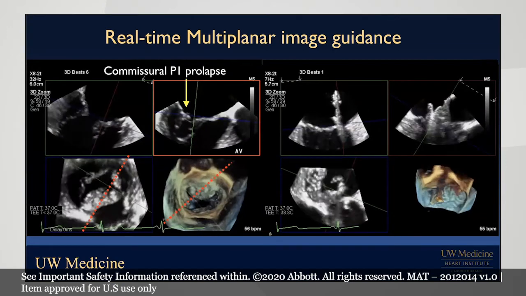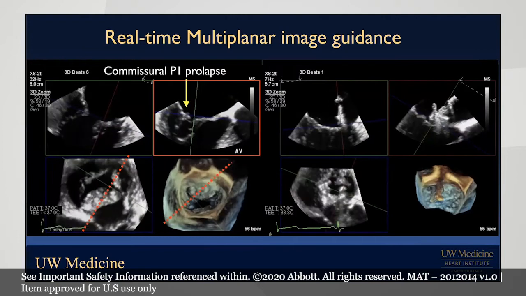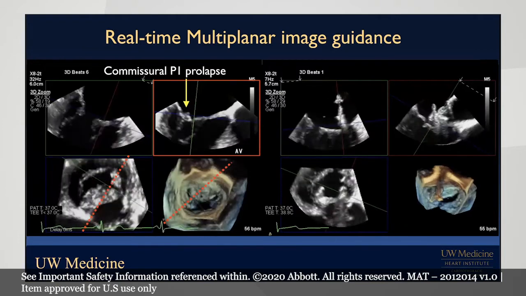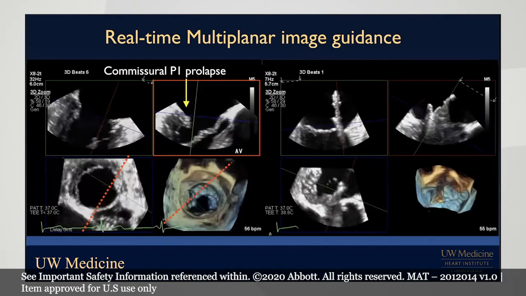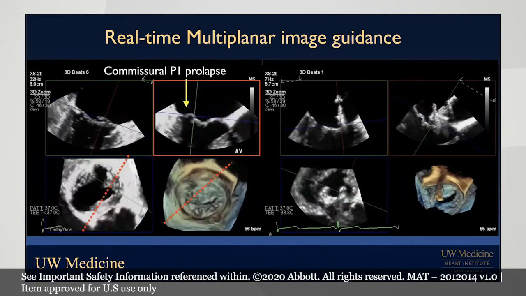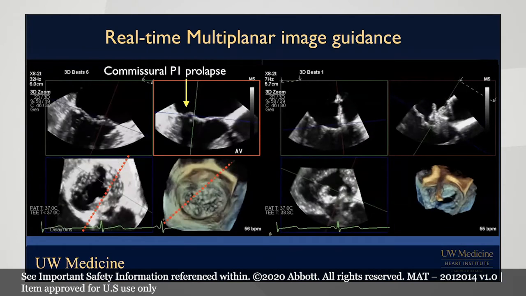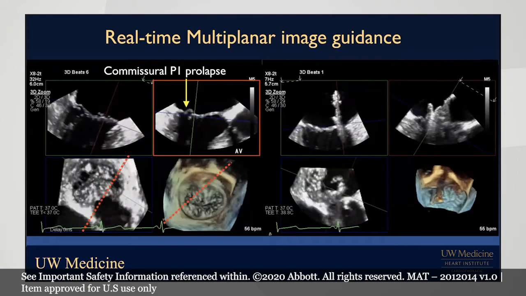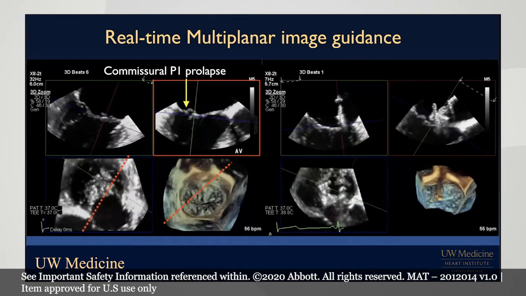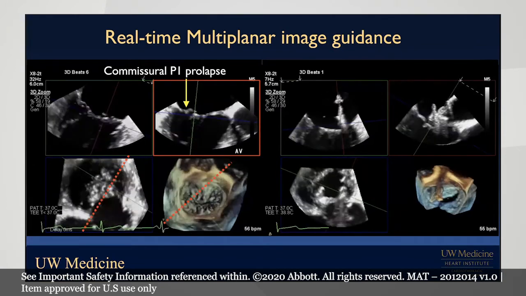And I indicate in red the utility of this multiplanar real-time tool, where I have used the red plane now to perfectly orientate the alignment of an anterior leaflet that would be sufficient for a grasp, and the posterior P1 prolapse as it's indicated with the yellow arrow.